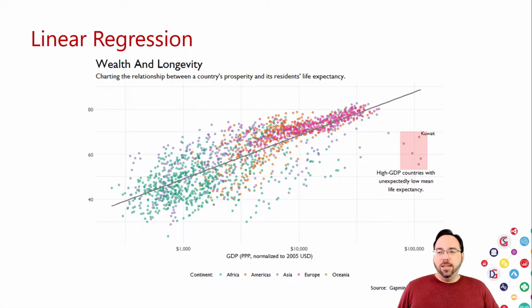So the line is generally slanted kind of upwards, sort of like this. That gives us an impression of, given these two inputs, GDP, normalized to 2005 US dollars, and longevity, here's how long we would expect people in a specific country in a specific time to live.